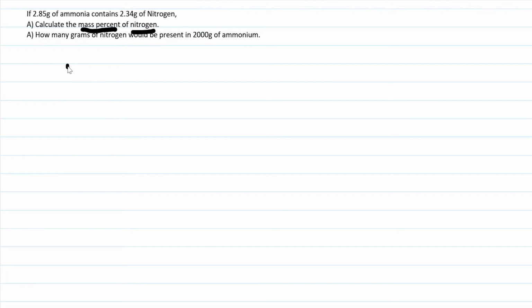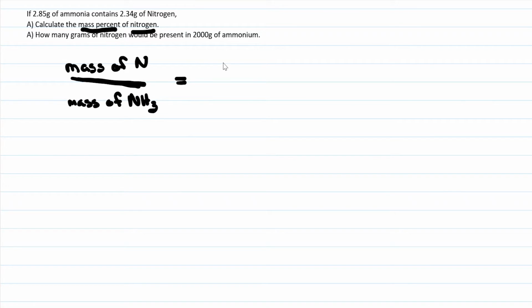So what it's going to be is the mass of nitrogen over the mass of the overall substance, which in this case is going to be ammonia, right? So this is just going to be 2.34 over 2.85, and we're going to multiply that result by 100 to get a percent value.